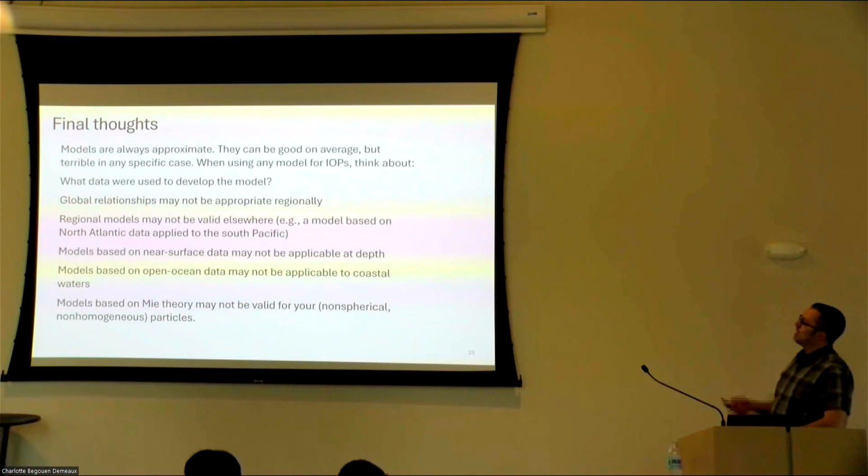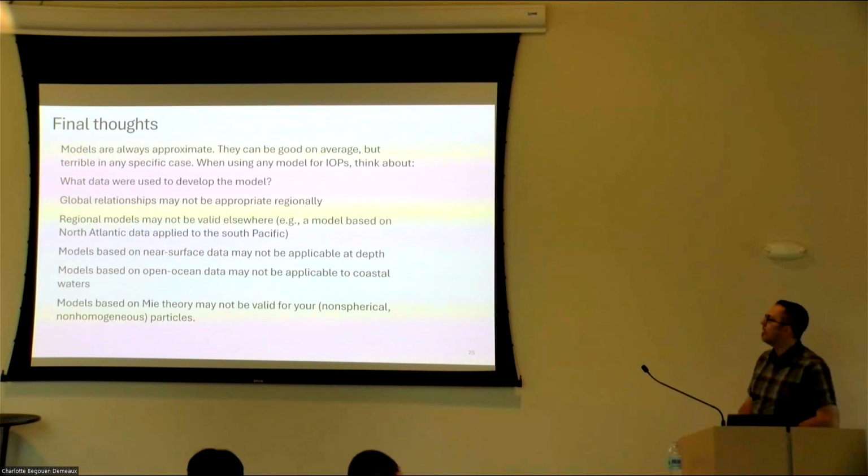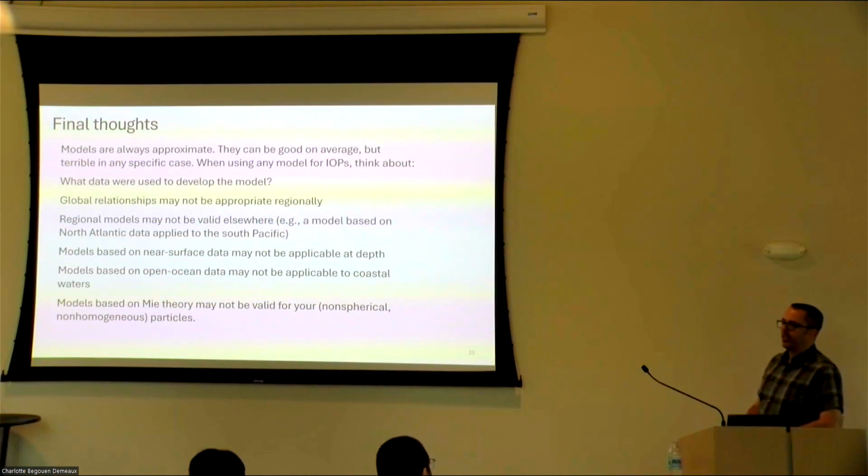I like this list. These are some good questions to ask yourself when you're picking a bio-optical model, or trying to figure out what spectral slope you should use for your non-algal particle scattering, right? And you find one that came out of a lake in Brazil, and you're trying to model the Sargasso Sea.